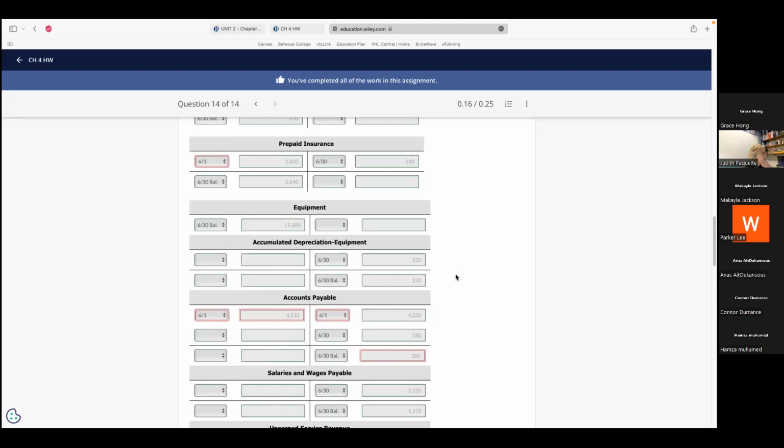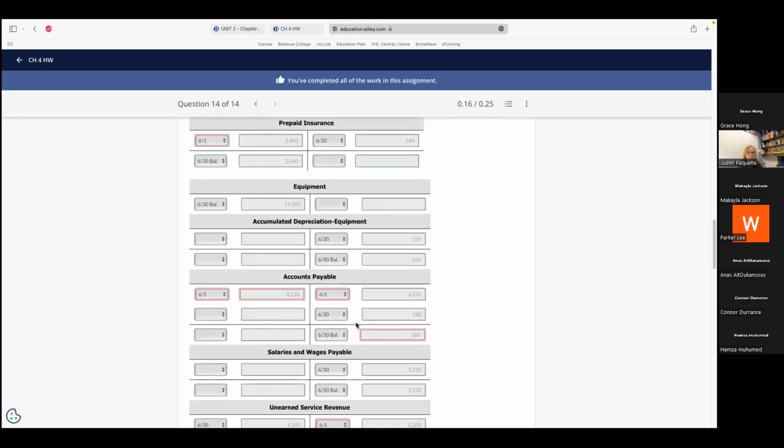Okay, so it gave you a trial balance as of June 30th. It says enter the totals from the trial balance as beginning account balances. Yeah, so you needed June 30th for all of those because we don't know what the June 1st balance was. We just know that we had it, right?